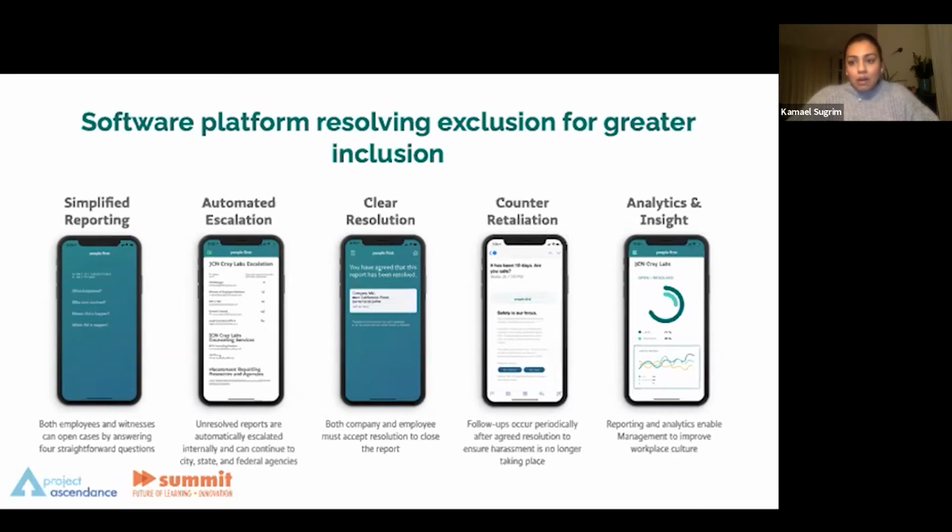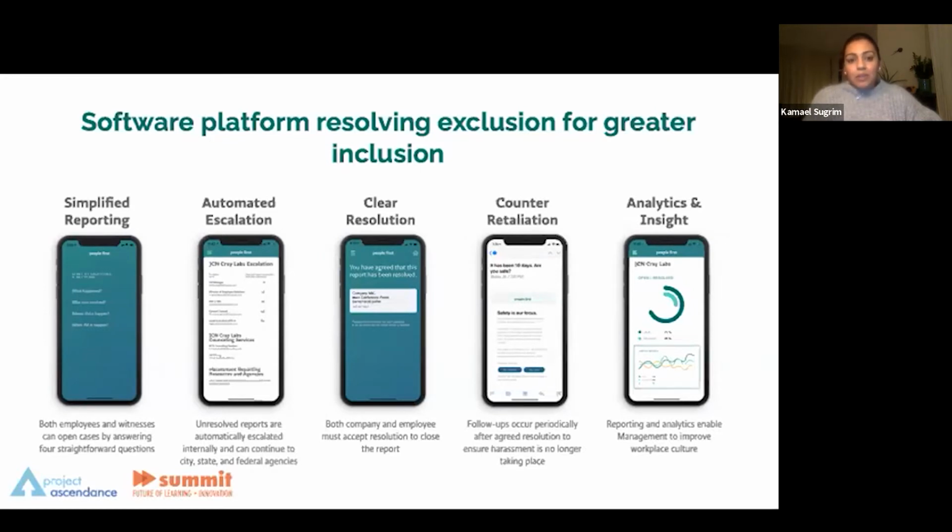We also check in on retaliation, making sure that people, once they've reported, are still working in a safe environment. But I think probably the most interesting part of our platform, at least for me, being a bit of a nerd, is the analytics and insight that it gives you into this problem. By understanding where you have discrimination, harassment, or bullying, you understand where you have exclusion.